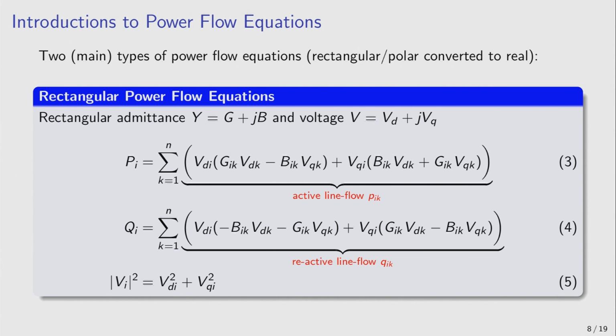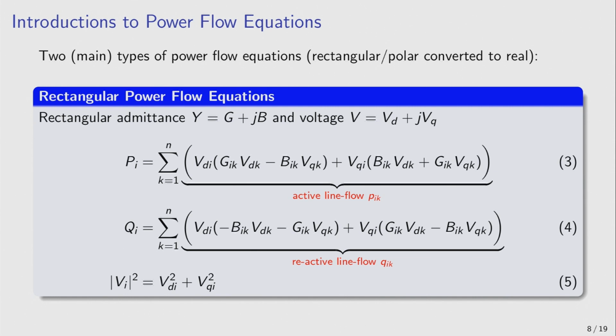So the variables here are the voltages V and the active and reactive power at the nodes I on the left-hand side. And so those are balancing equations, and the B's and the G's are constant matrices that correspond to the rectangular coordinates of your admittance matrix.